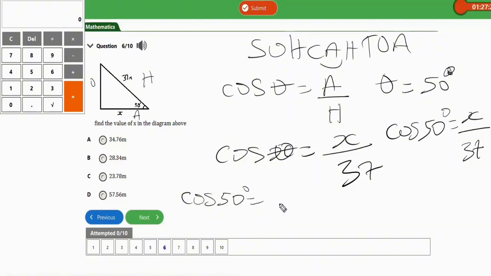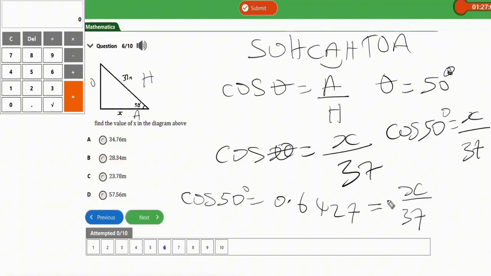You guys have to get used to these common trigonometry expressions. Now we equate it to x over 37.